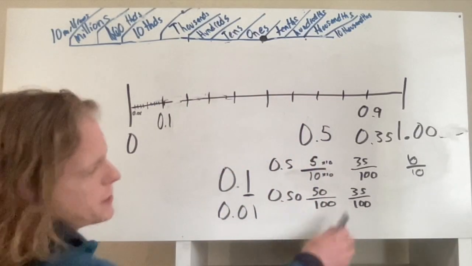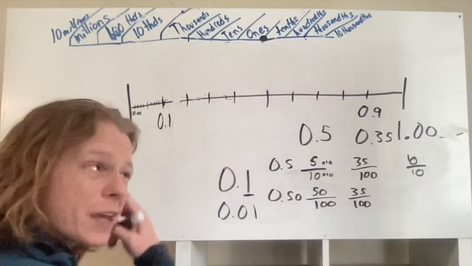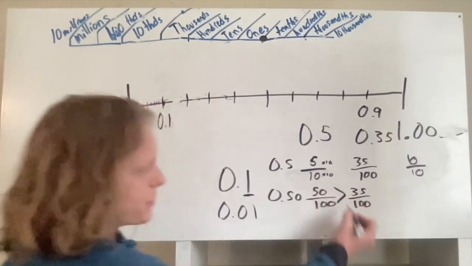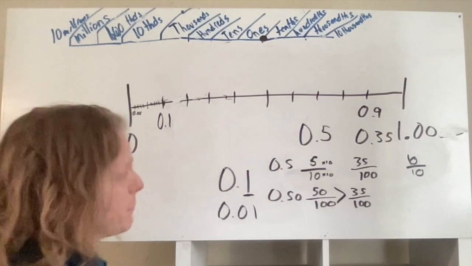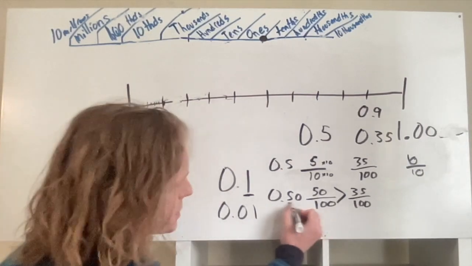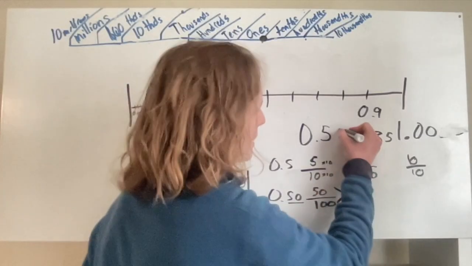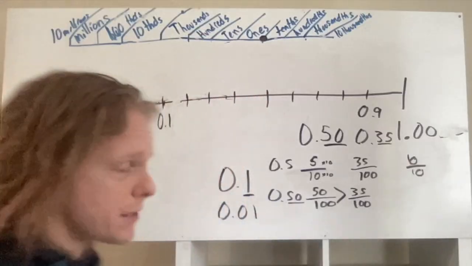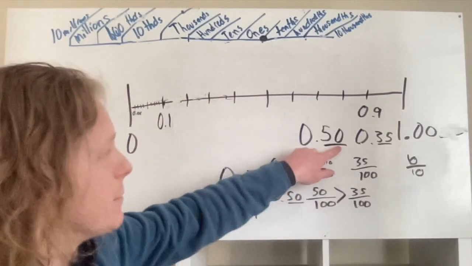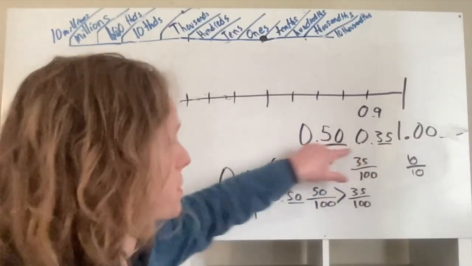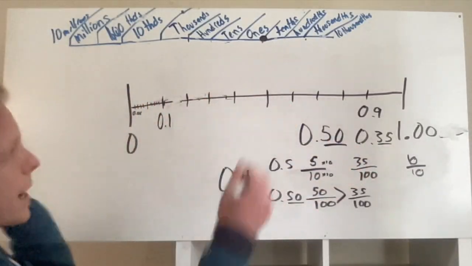Now that they're both hundredths, it's easier to see that, well, 50 is more than 35, right? 50/100ths would be greater than 35/100ths, okay? You'll also notice here, I just added a 0. It can be easier to compare when they have the same number of digits. So if we have an empty space here, we could just use a placeholder 0 to make it easier visually to compare.